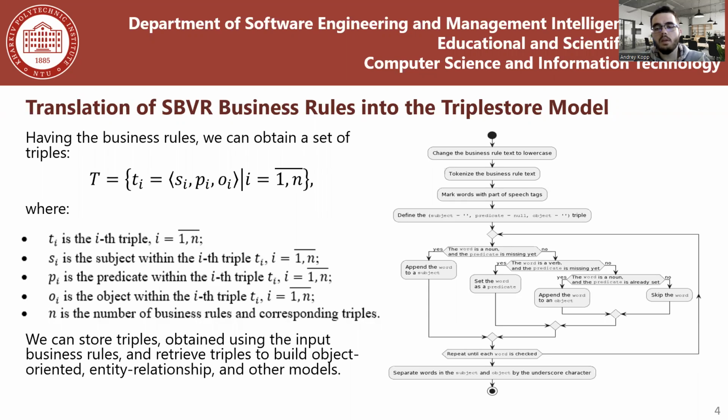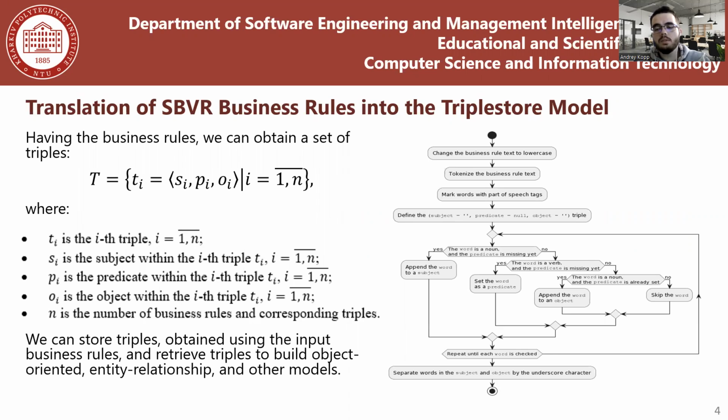If it's a noun, we append this word as the subject, and if the word is a verb, then we consider it as the predicate, and if the word is a noun standing after the predicate, we append such word to the object, or otherwise we just skip such word.